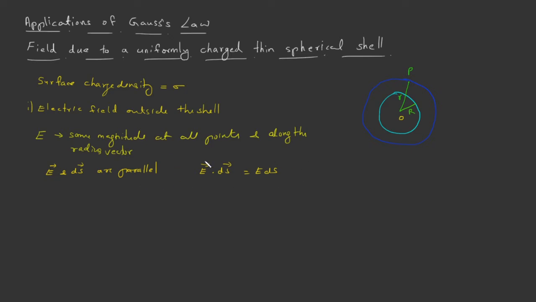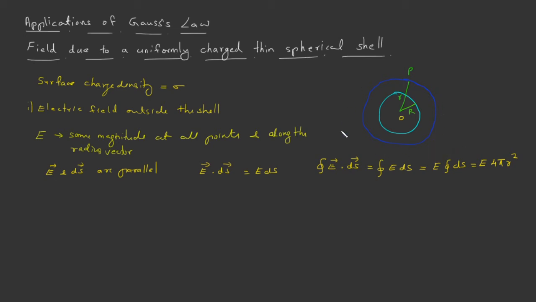Therefore, the electric flux through this Gaussian surface is closed integral E dot ds, and that is equal to closed integral E ds, and this is equal to E into closed integral ds, and it is equal to E into 4 pi r square, where r is the radius of this Gaussian surface.